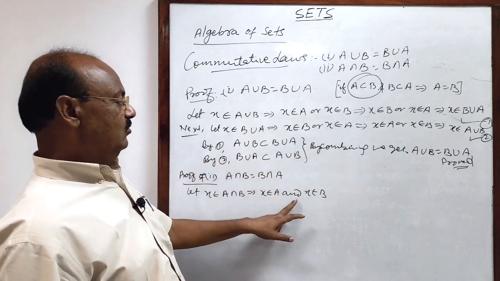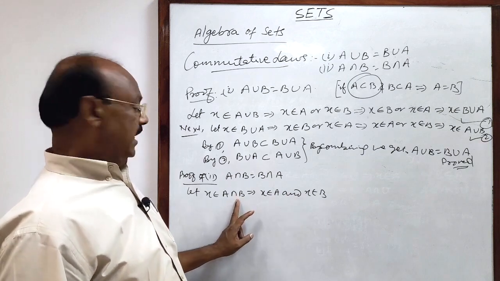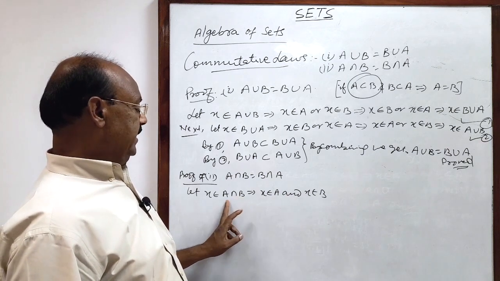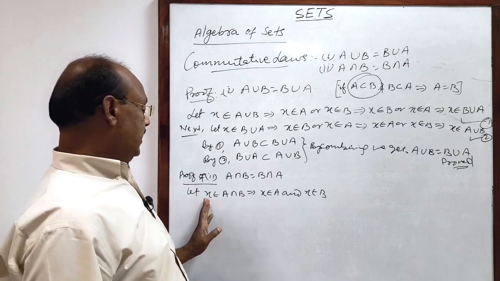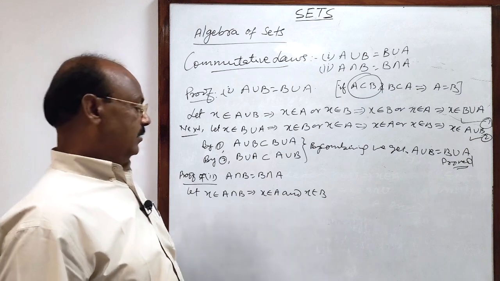Here we will use the word AND due to the intersection sign. Since if any element belongs to the intersection of two sets, X will belong to both the sets. So that's why we are using AND here.